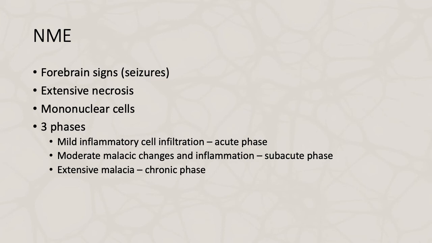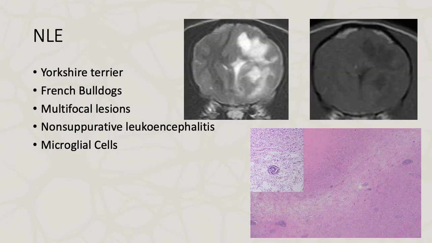Immunohistochemistry studies of lesions in a small cohort of dogs with NME suggest an IFN gamma can play a role in necrotizing meningoencephalitis. Necrotizing leukoencephalitis has been described in Yorkies and French bulldogs with differing clinical and topographic features.